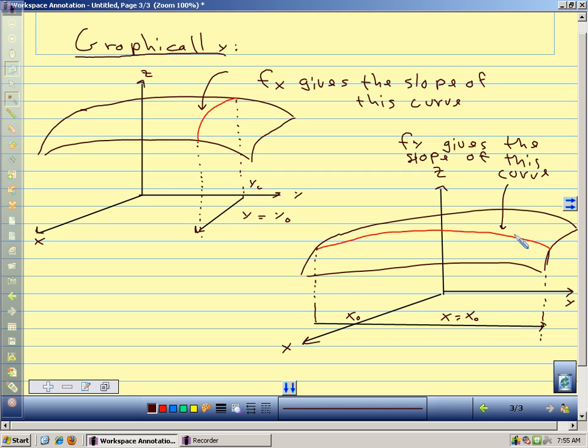And I think with multivariable stuff, if you have an intuitive idea of how to visualize some of these things, it really helps when you're solving problems.